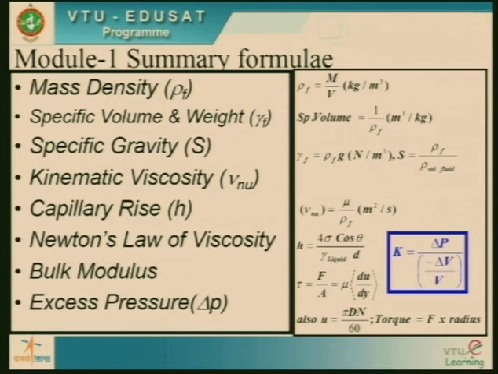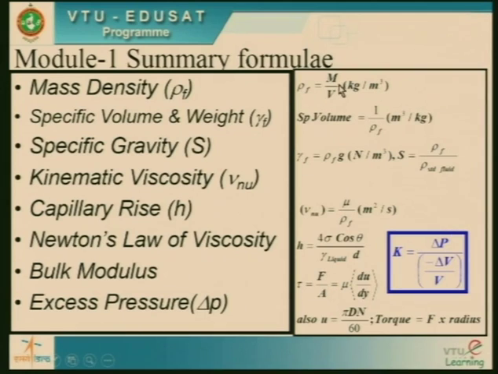Let us summarize what we discussed in the first two sessions of our lecture. We have described various fluid properties, starting from mass density, which is rho f. The formula is mass per unit volume, m by v, where mass is in kg and volume is in meter cube.